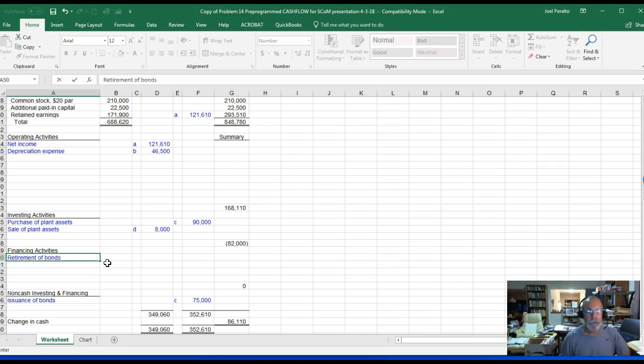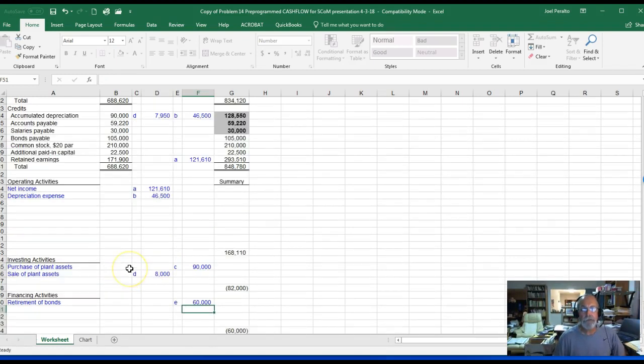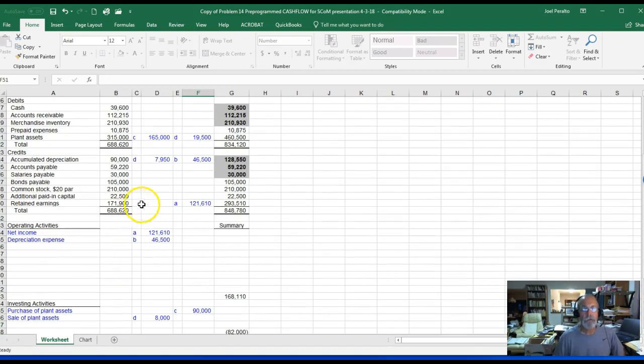Since it is a cash outflow, that's going to be a credit of $60,000. The debit is going to be to our bond liability account on the balance sheet, and that's item E, since a debit reduces liability, and that's $60,000.